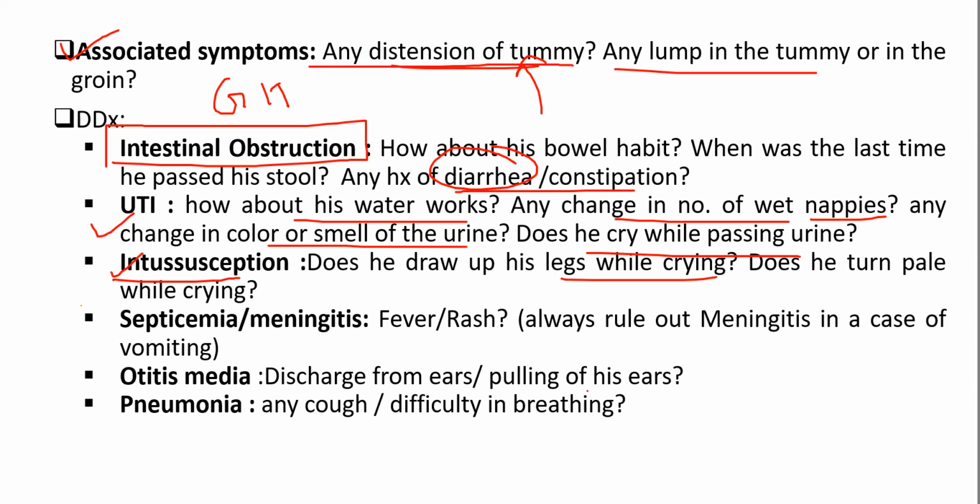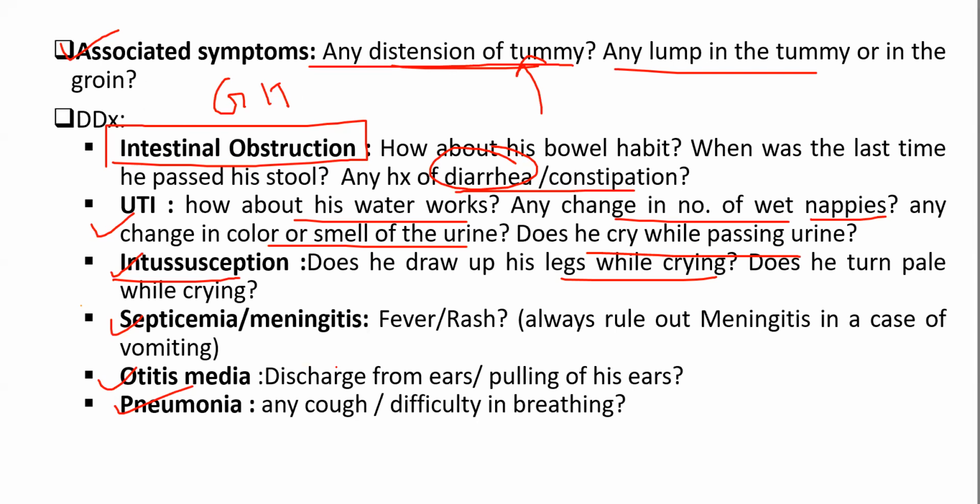Now, pulling the ear is mainly for infants who can't complain about pain, but a 5-year-old, or even a 2 or 3-year-old, can complain about the pain. So for them, you will ask, is he complaining about any pain in the ears and any discharge from the ears? For pneumonia, any cough, any shortness of breath, or any difficulty in breathing. So these will be your non-GIT causes.